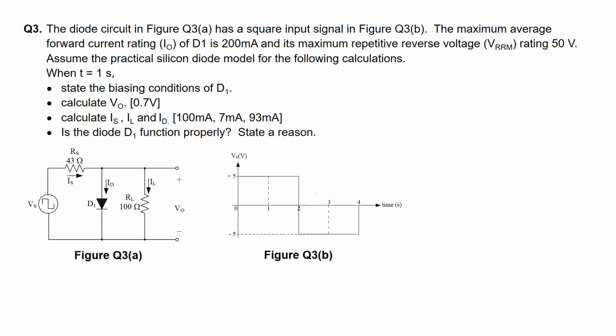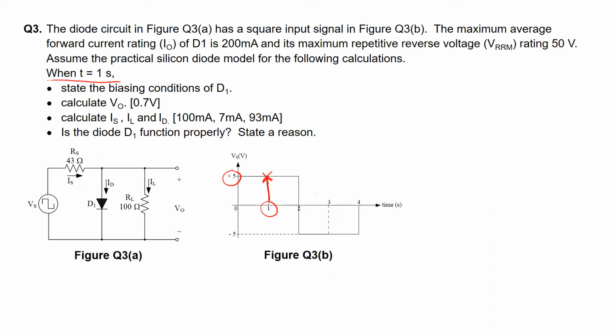For this part of the question, all references are with respect to this timing here, T equals 1 second. At this timing, we are supposed to state the biasing condition of the diode D1. At 1 second, if you project upwards, the voltage across the voltage source Vs will be 5 volts.